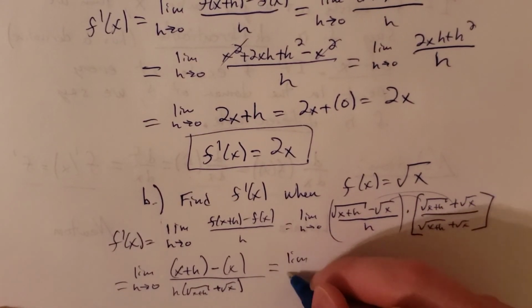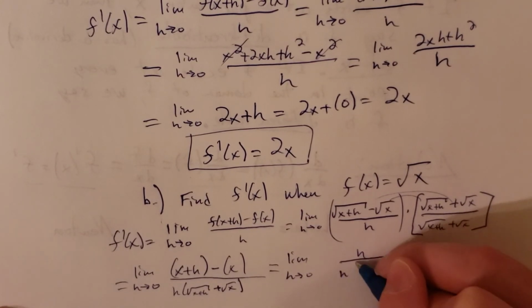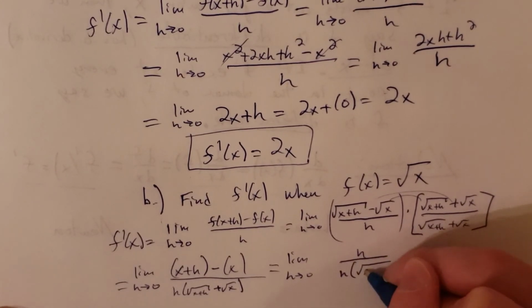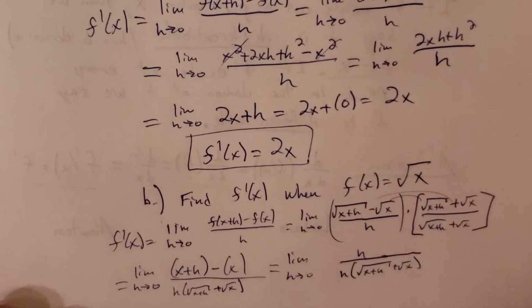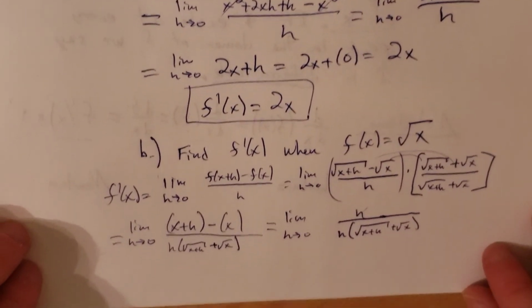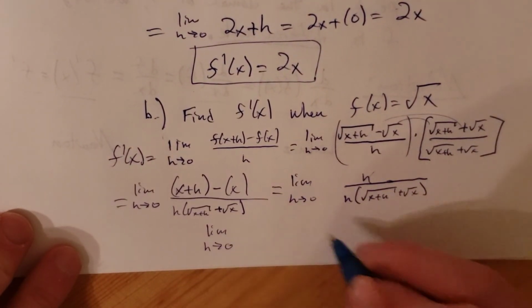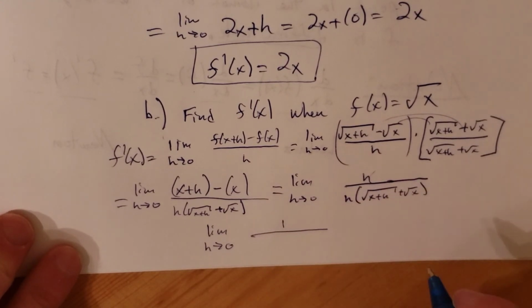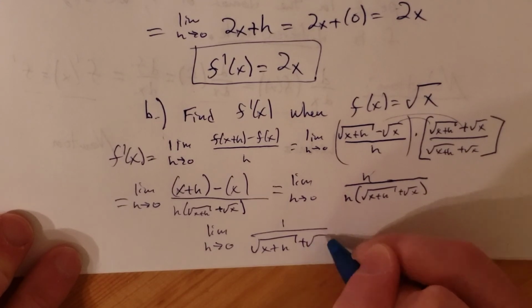The numerator reduces to just h. And these h's cancel. So we get the limit as h goes to 0 of 1 over the square root of x plus h plus root x.